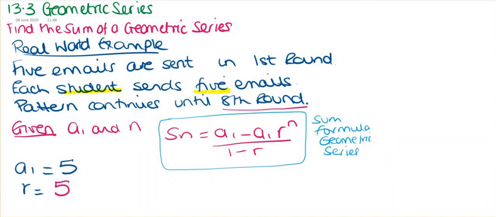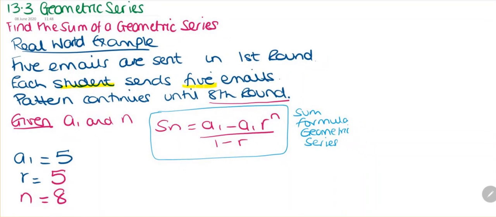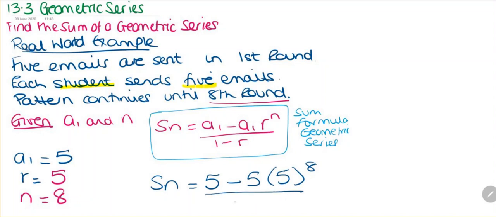We also know that the last round is going to be 8, so N will be 8. So we're looking at stopping at the last number. So I'm going to substitute in my values. A1 is 5, so it's 5 minus 5 multiplied by the ratio, which is 5, to the power of N, which is 8. And this is divided by 1 minus 5.